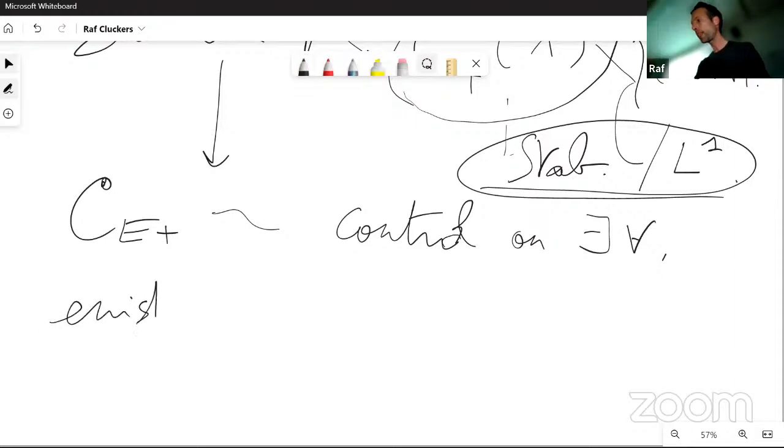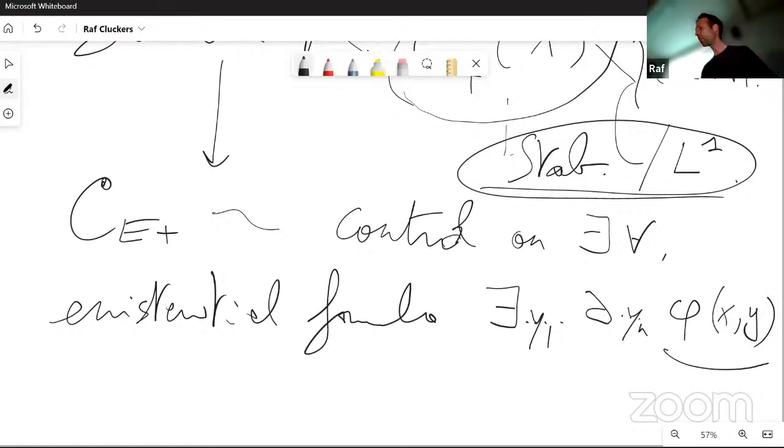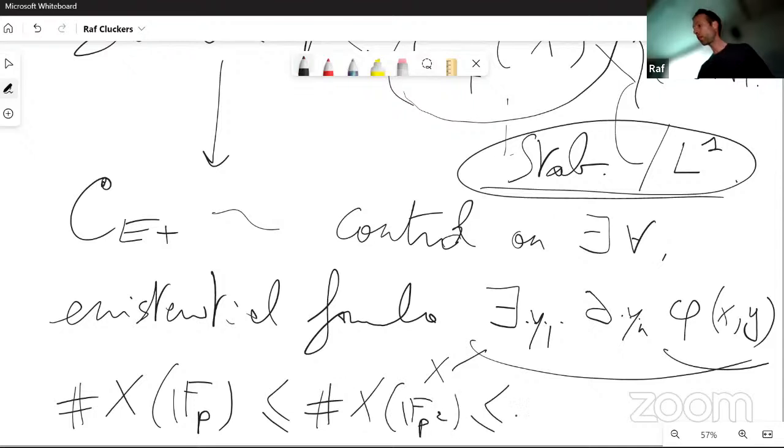If you have an existential formula, meaning you have first some existential quantifiers y1 up to y_l, and then a formula without quantifiers, and if this is my formula describing my set X, if I then count on X in a small field, it can only grow when I go to a larger field, so p squared and so on.